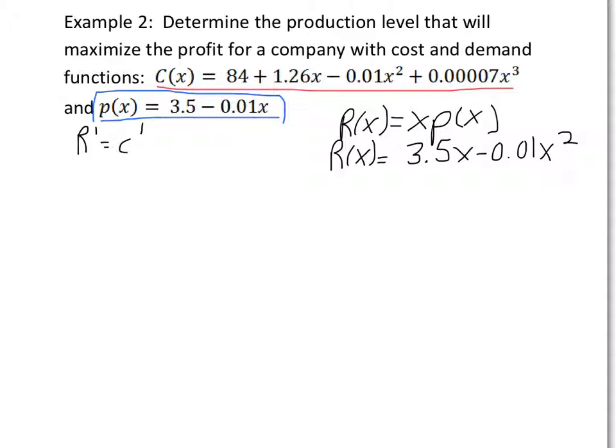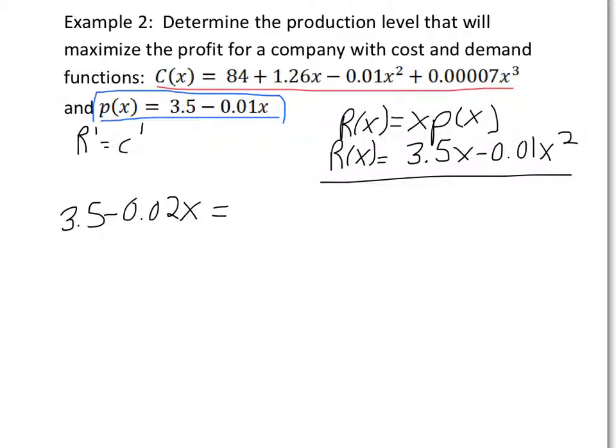All right, now that I have my revenue and I have my cost, I can go ahead and take their derivatives and set them equal to each other. So the derivative of the revenue function is going to be 3.5 minus 0.02x.